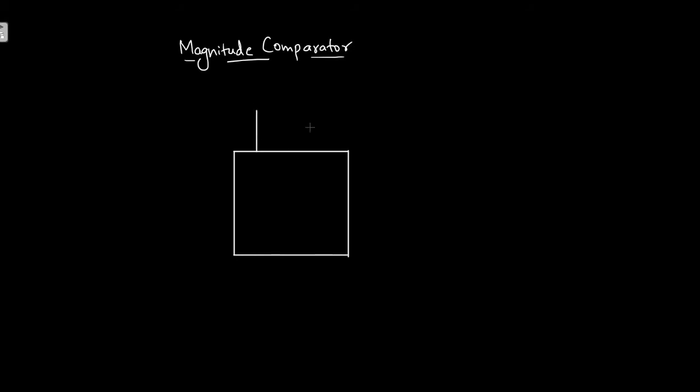In this we have two inputs A and B. And this is an n-bit comparator.